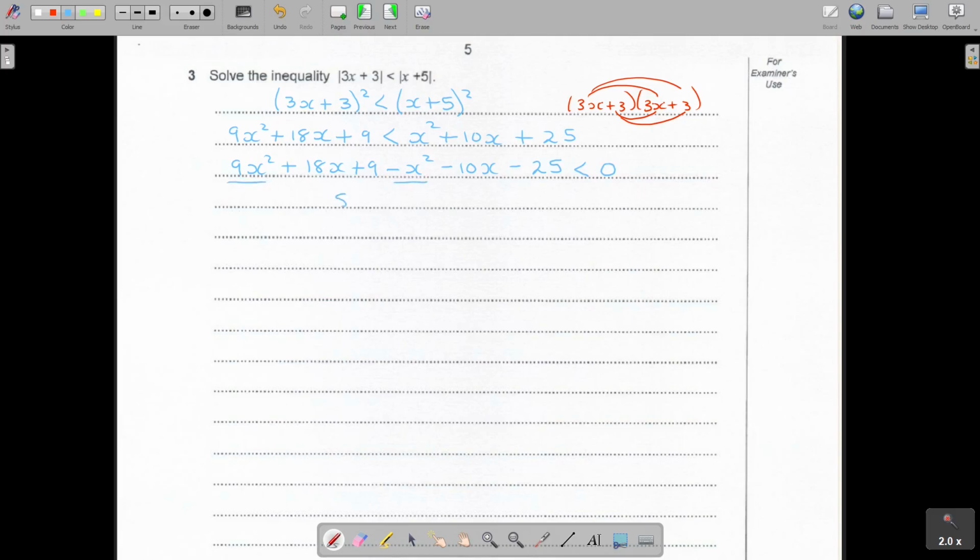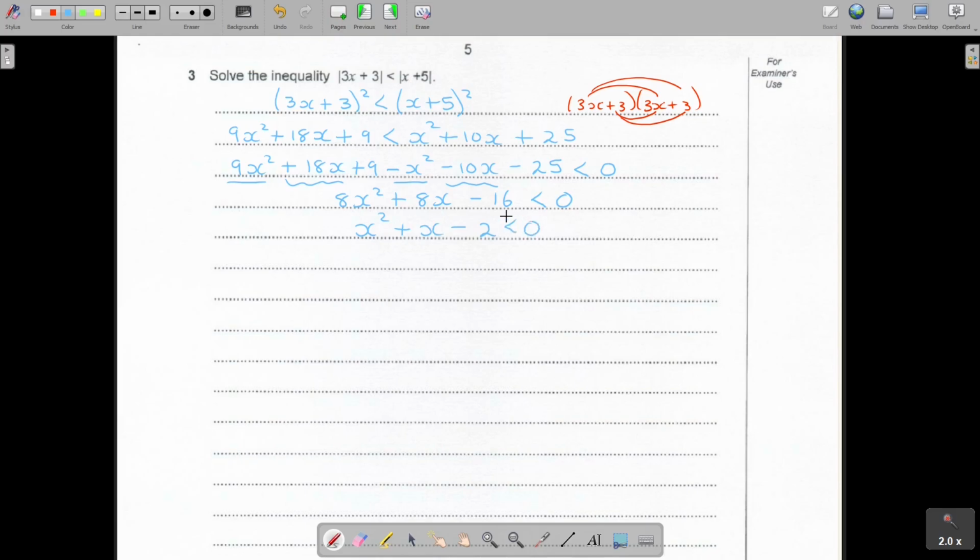So I get 8x squared. This is 18 minus 10, so this is 8x. And this is 9 minus 25, so it's negative 16, and it's smaller than 0. Now, simplify. You can see 8 can divide into all, so it's always better to work in the simplest form.